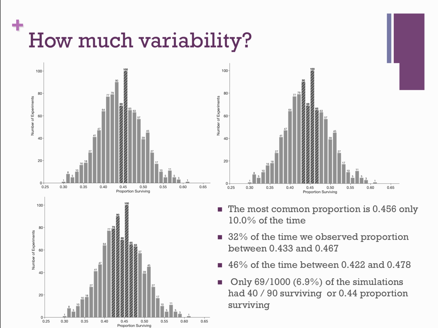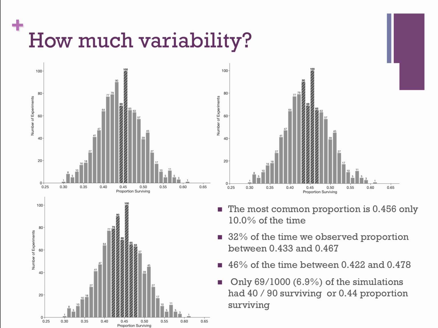So 320 of the 1,000 observations occurred with the survival rate between 0.433 and 0.467. If you expand that plus or minus 1 more bar on either side of the center, you can see 46% of the time we saw survival rates between 0.422 and 0.478.